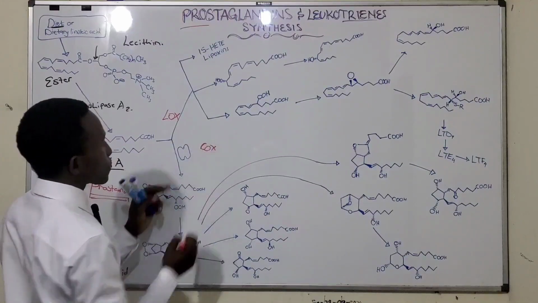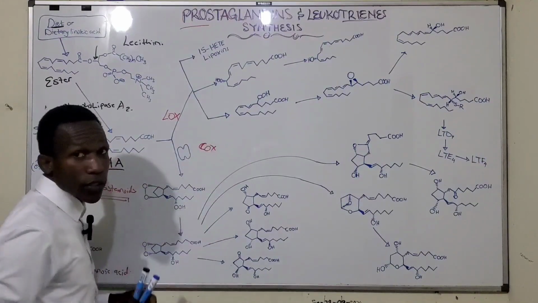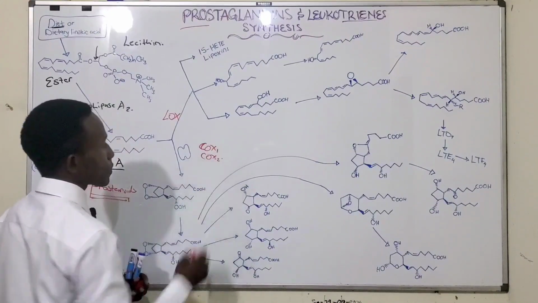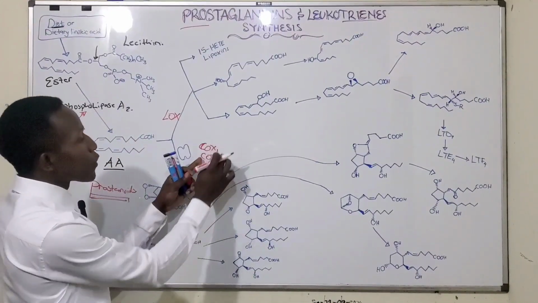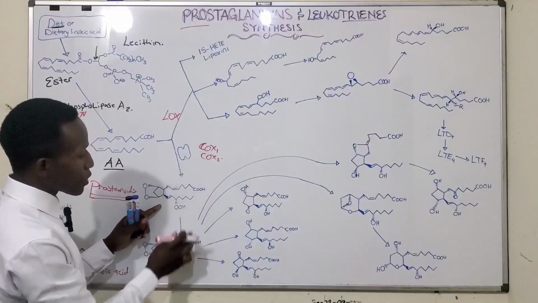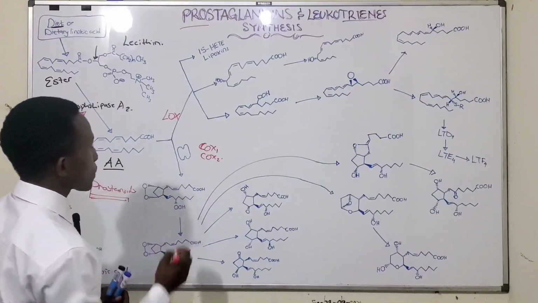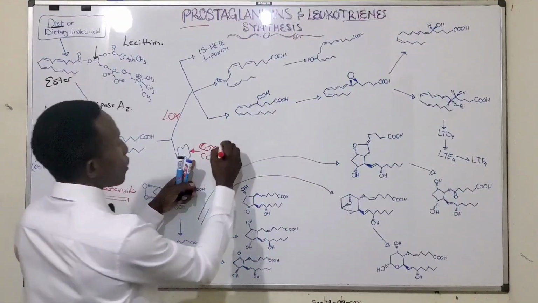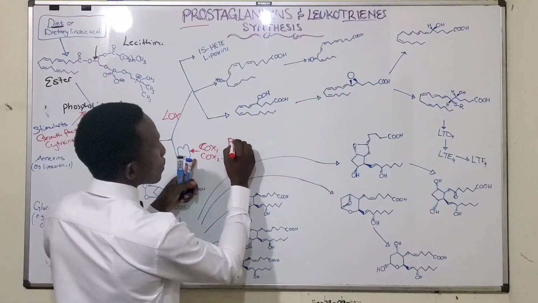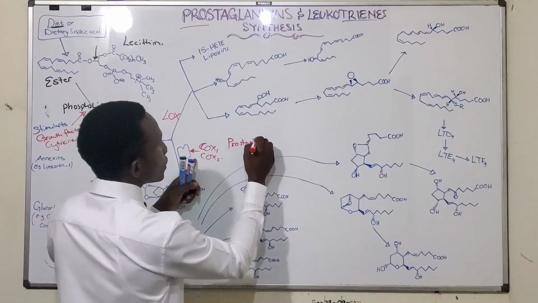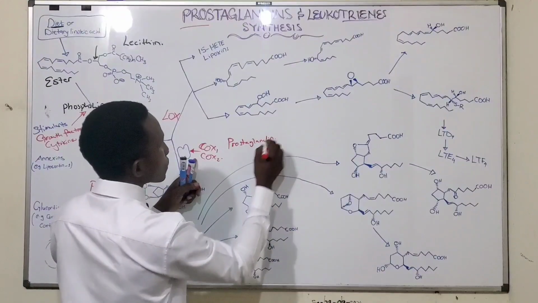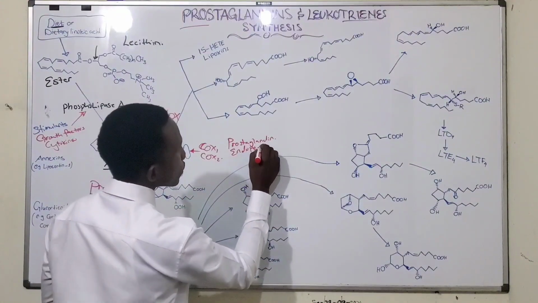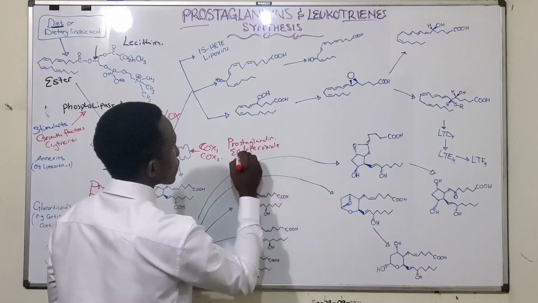In this COX pathway, we have 2 types of COX enzymes, COX-1 and COX-2. Both of them can produce these compounds, as we are going to see. This is called the COX enzyme, or prostaglandin endoperoxide synthase.